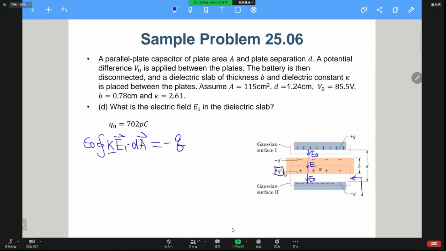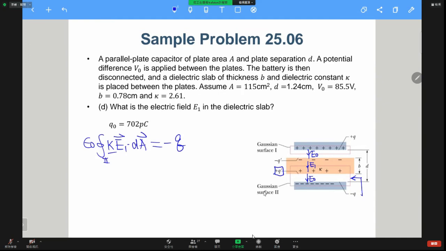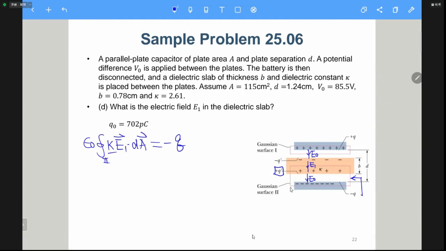So let's see. We consider the Gauss law for the Gaussian surface 2. For this surface, there will be no electric flux, so we don't count these two phases. For this one, this is a conductor, so no E field inside the conductor either. So no contribution here.